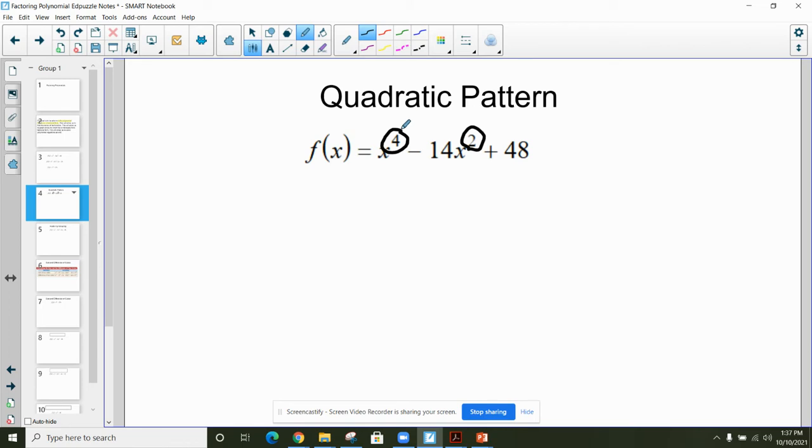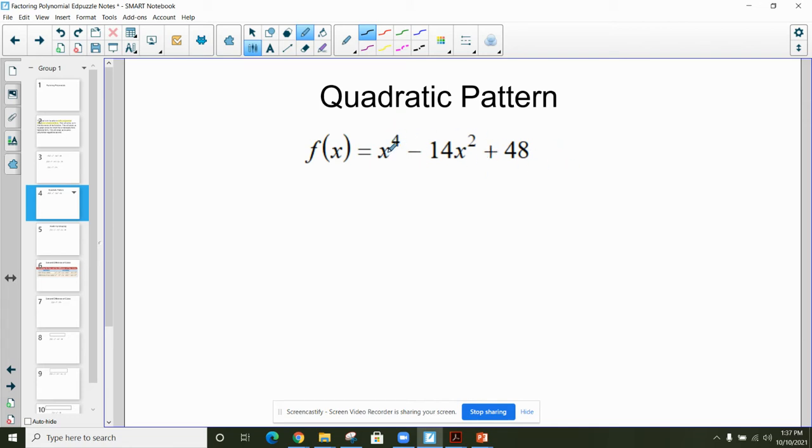So again, the degree of the whole polynomial, if that's even, and then in the middle term, if that exponent is half the first, the quadratic pattern is an option. It doesn't automatically work, but it may work. When we see that, that's what we want to think about.